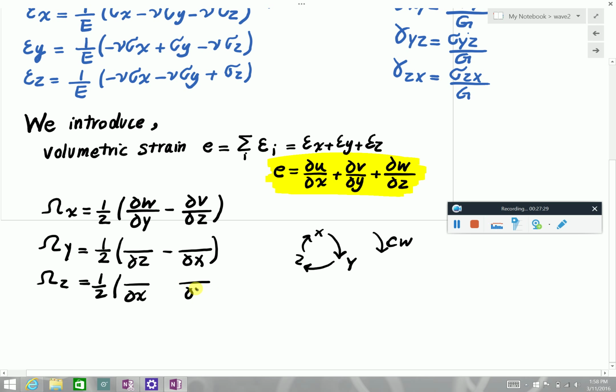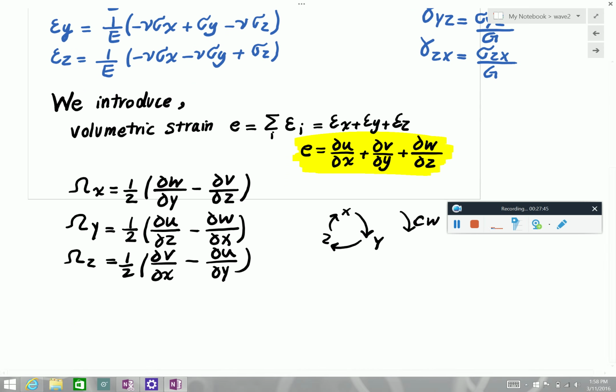This is important because we have a negative sign, so we can't interchange the two terms. So then it is easy to see how it would look like. So these are our definitions for rotational strains.